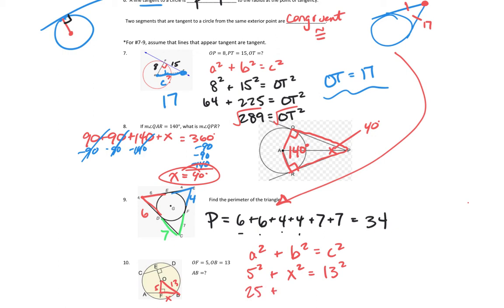So 25 plus x squared equals 169. Subtract, x squared equals 144. And the square root gives x equals 12. So that doesn't mean your answer is 12, though. Because that's 12, and then AF is 12. So AB is 12 plus 12, big fat 24. Cool, cool. I know I'm moving fast, but you can always pause it or watch it in slow motion and do the math with it.